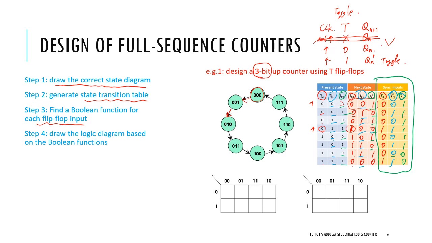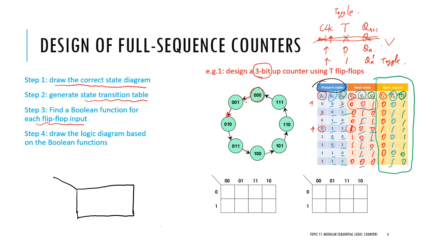Actually, we need 3 column maps, 3 input column maps. Why is it 3 input? Because the T value is determined by the 3-bit output here. So we use the output of the flip-flops as the input for this table.